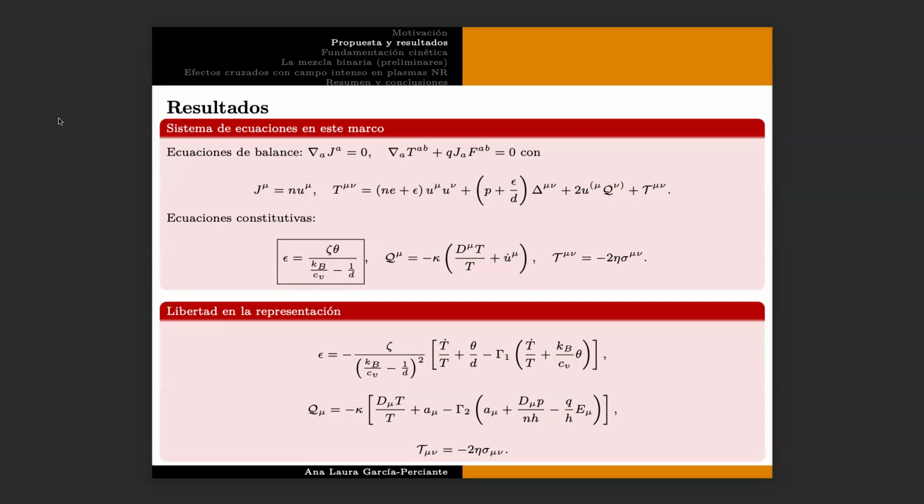However, there's still another freedom which corresponds to what we like to call a change of representation within the same frame. Since we are working in a linear theory, just the first order in derivatives, I can always add to these constitutive equations a multiple of these combinations. Why is that? Those equations, if I equal these to zero, are Euler's equations for equilibrium. So in the expansion, these quantities are really not zero, but they are second order in derivatives.